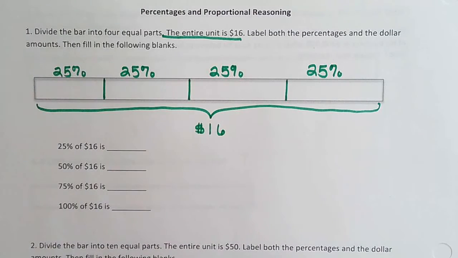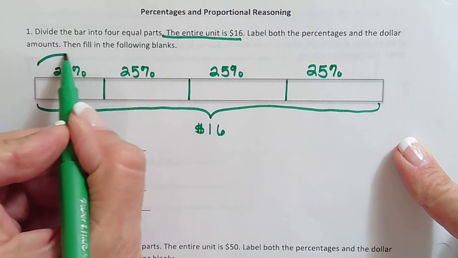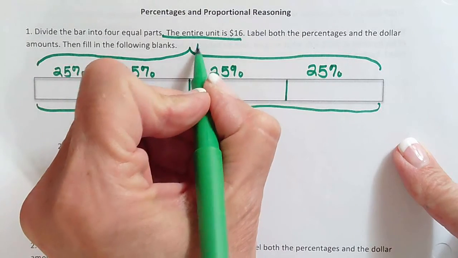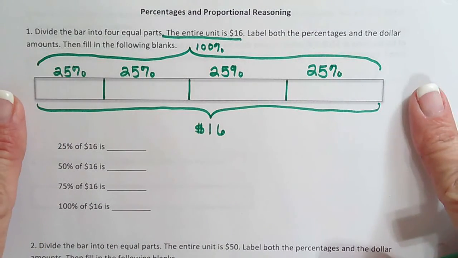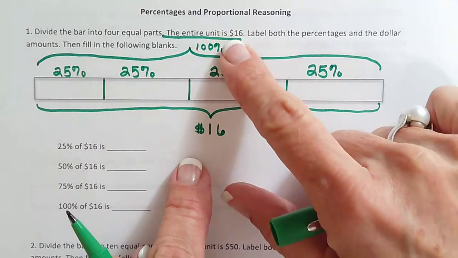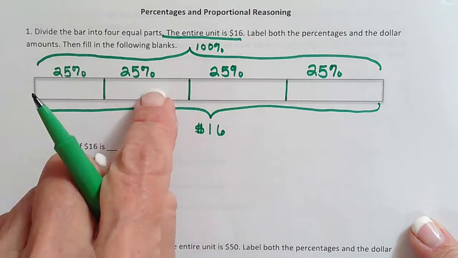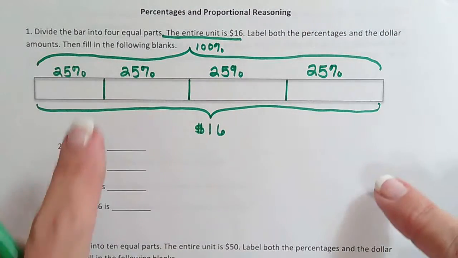Label the percentage and the dollar amounts, and then fill in the blanks. So we already labeled the percentages, and again, we know since they told us this is the unit, that this is 100%. So the whole thing's 100% because it's the unit, and then they told us that it was 16. So now my question is, how do we find out what goes in each box? Well, the boxes are supposedly, quote unquote, equal.